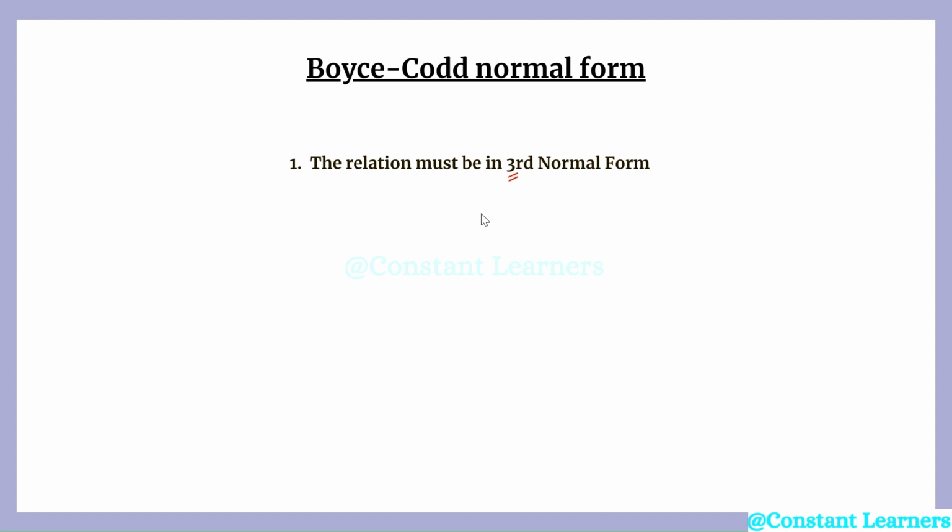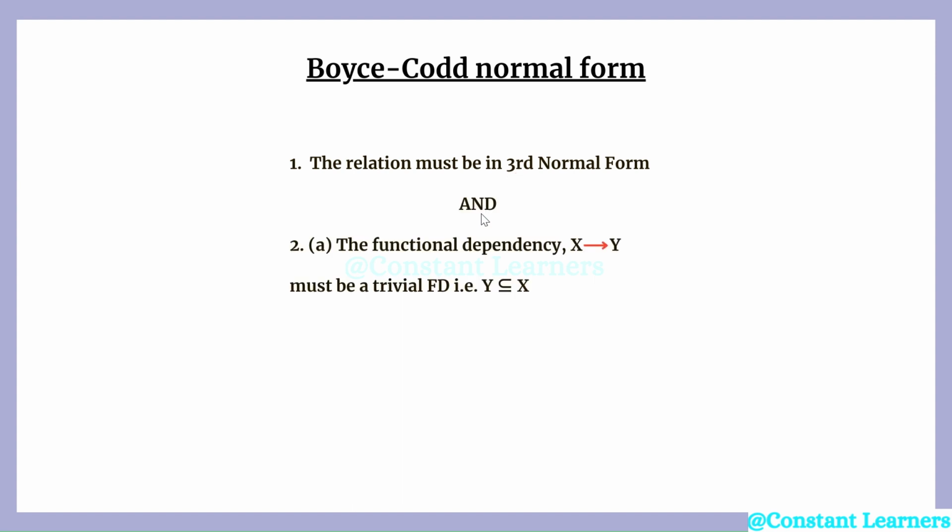Now, what is a trivial functional dependency? See, the functional dependency X determines Y must be a trivial functional dependency. That means the first part of the rule is that the functional dependency mentioned for that particular table must be a trivial functional dependency. Trivial functional dependency means what? That means Y, which is the dependent, Y is the dependent here, right?